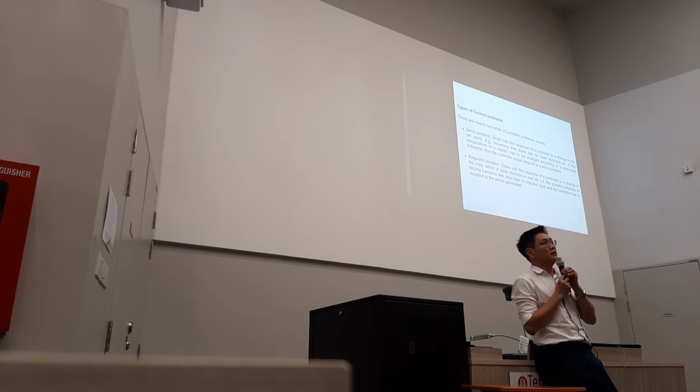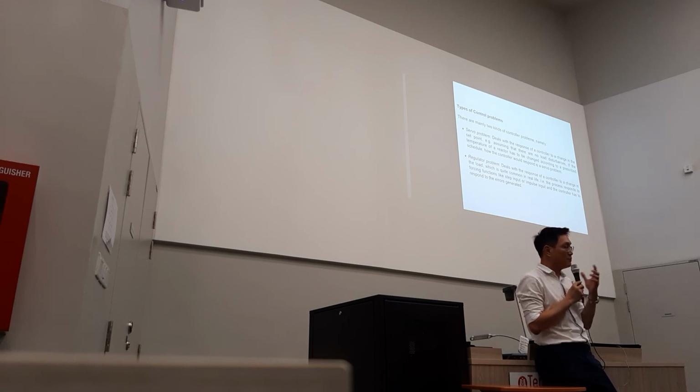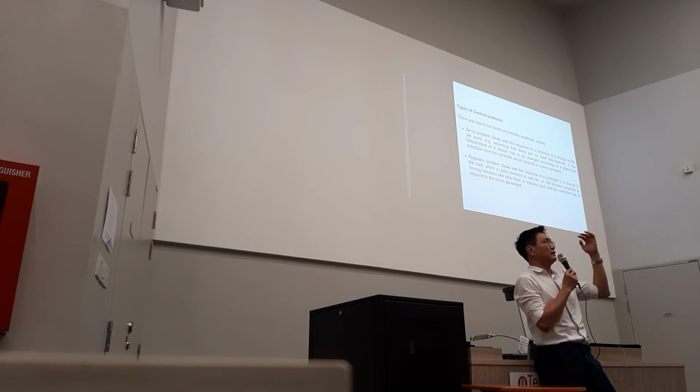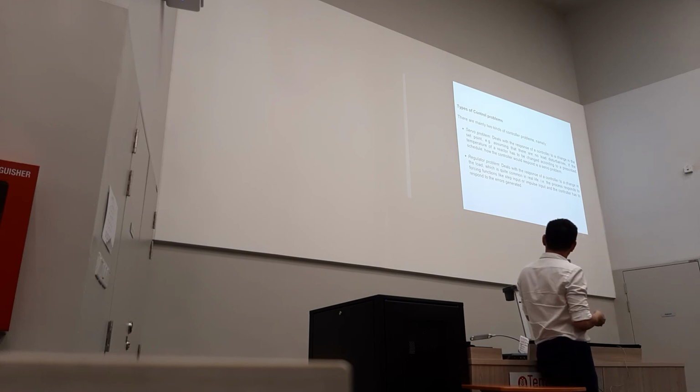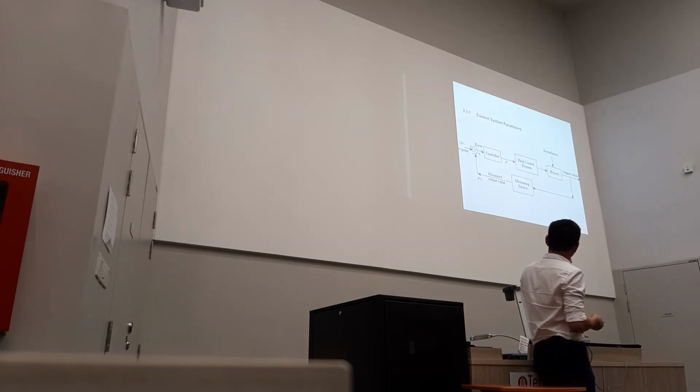Just to simplify the whole thing: anything where I can schedule the controller to respond at certain times is the servo problem. If the controller needs to regulate whatever inlet changes, we call it the regulator problem.